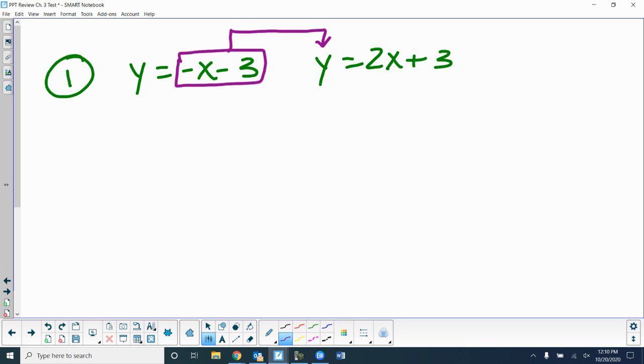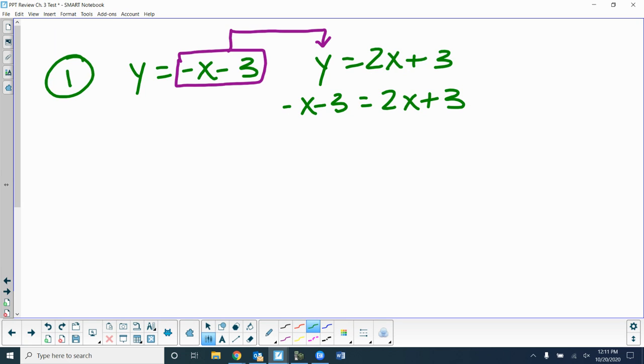Okay? But it doesn't matter. You could take the right one and put it into the left one. So it's negative x minus 3 equals 2x plus 3. So if that's already done for you tomorrow, don't waste time trying to get something else by itself. Okay?